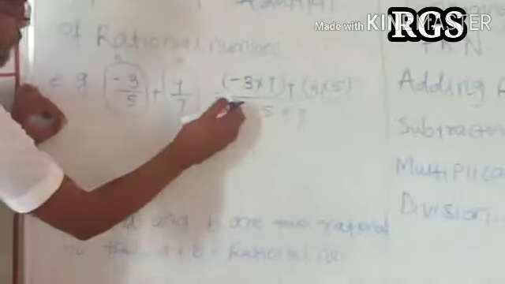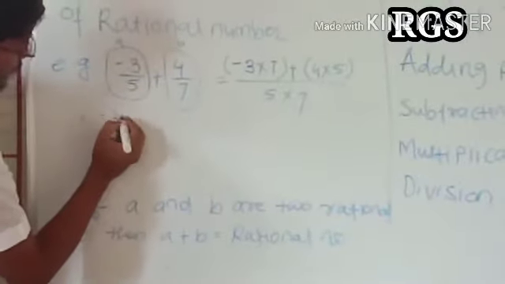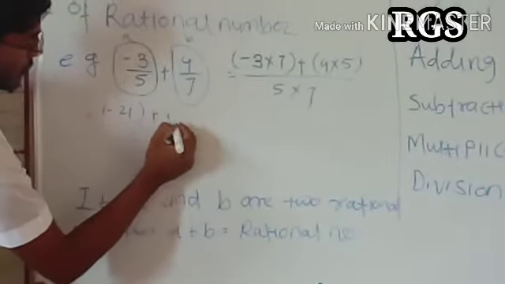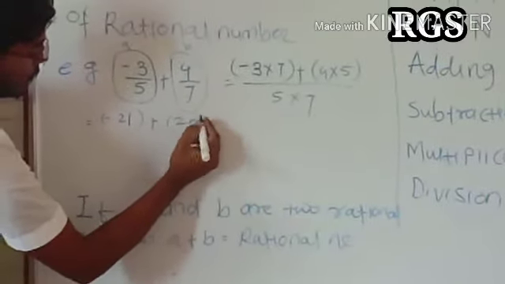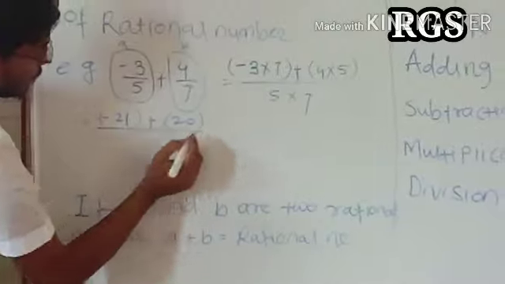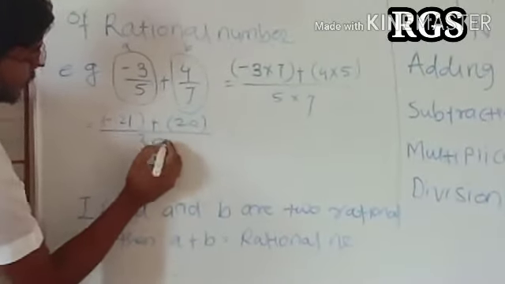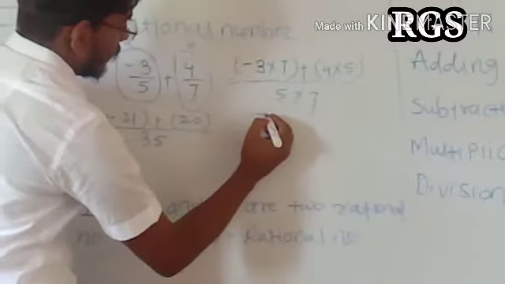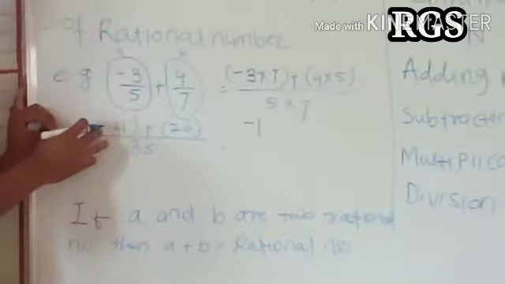When we solve this equation, what do we get? Minus 3 into 7, 21, plus 4 into 5, 20, divided by 7 into 5, 35. After solving this equation, what will we get? This plus minus gets minus.